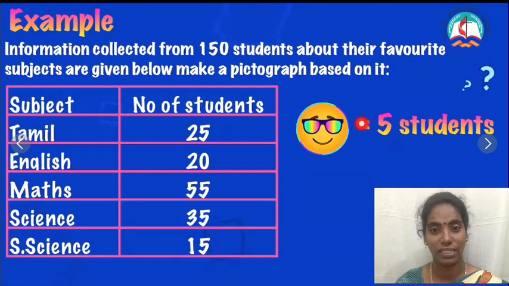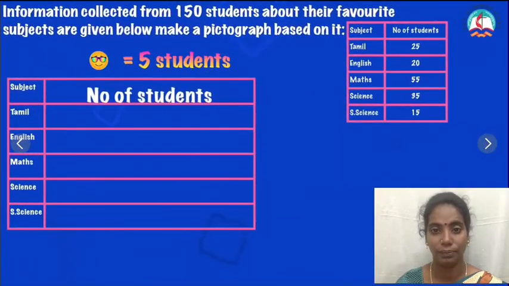What is the first number? 25. Before that, you can draw a table with Subject and Number of students. Each smiley represents 5 students. What is the first subject, Tamil? How many of them like Tamil? 25 students.